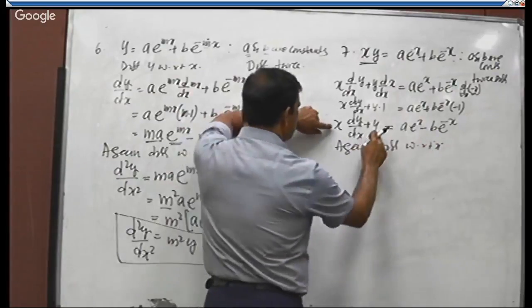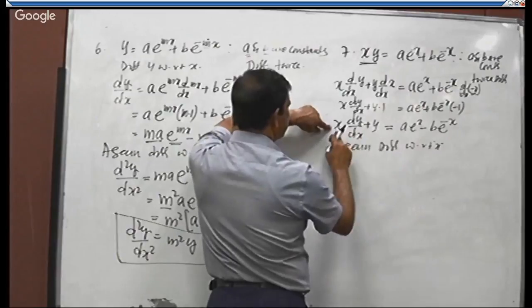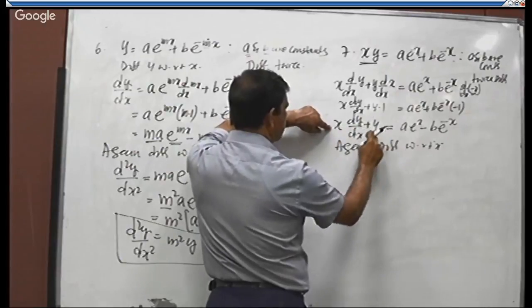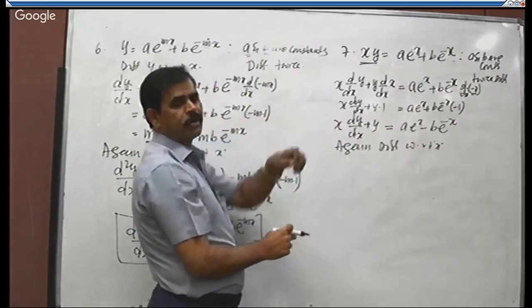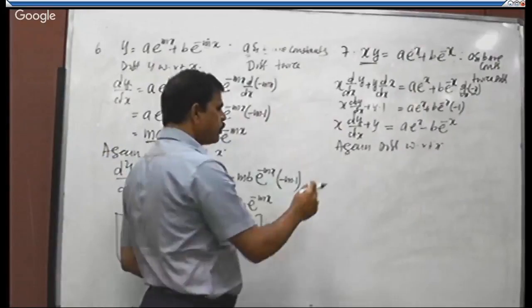On the left side there are two terms in a sum, x into dy/dx plus y. We have to differentiate both the terms.